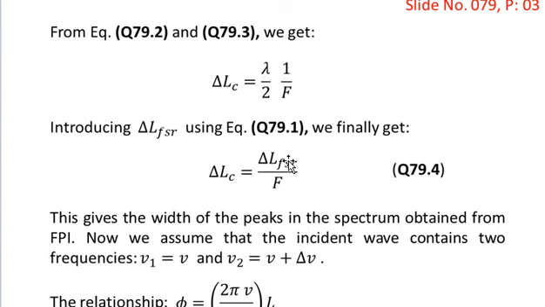So the free spectral range divided by capital F will give you the width of each individual peak at its half maximum.